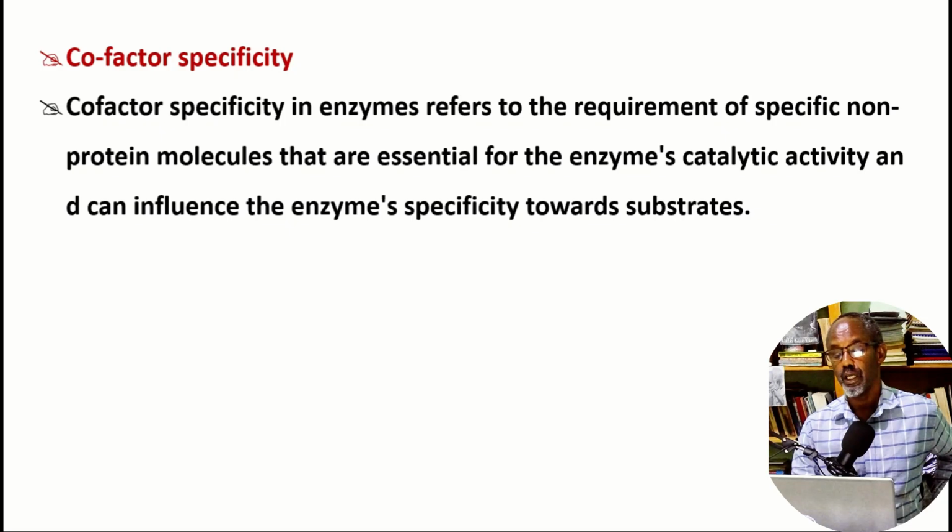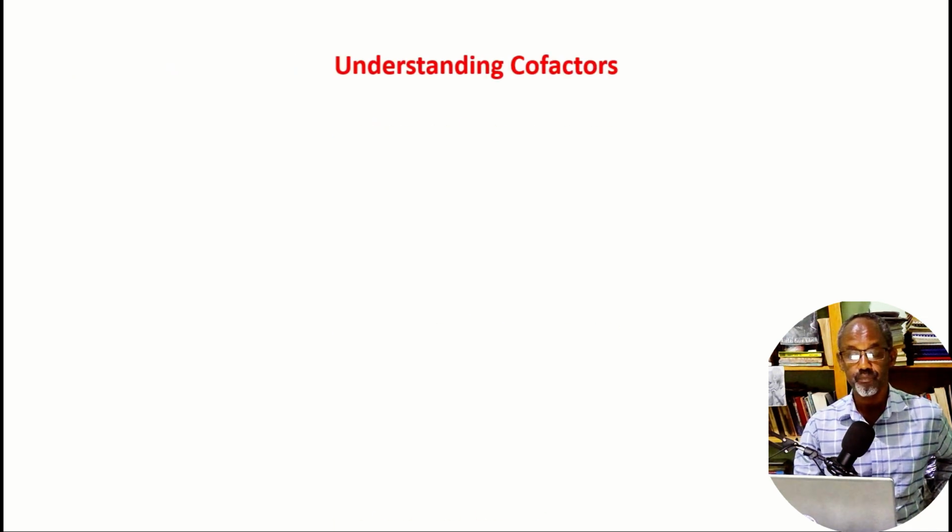They are specific non-protein molecules, of course, they could be metal ions or salts, that are essential for the enzyme's catalytic activity and can influence the enzyme specificity towards substrates. Therefore, some enzymes love to work with one cofactor, whereas others with another cofactor.